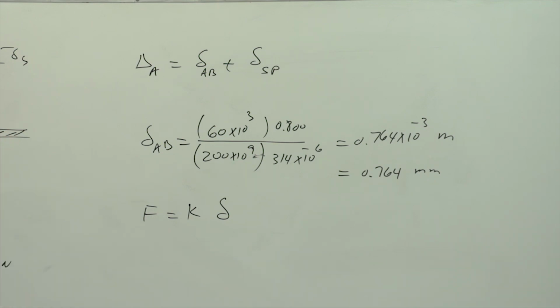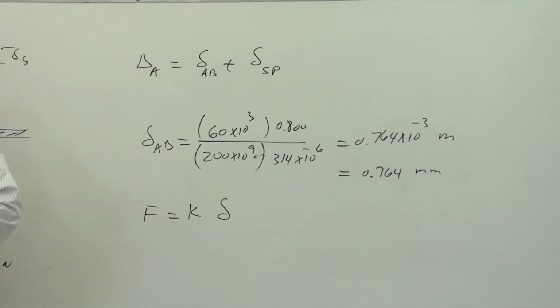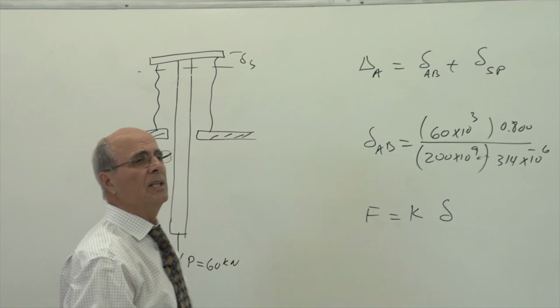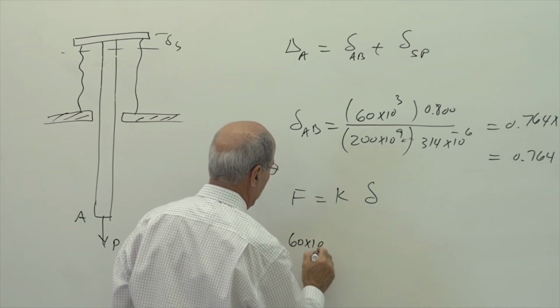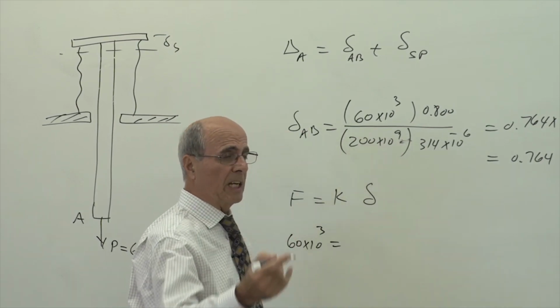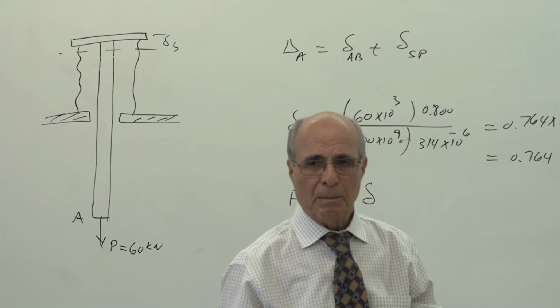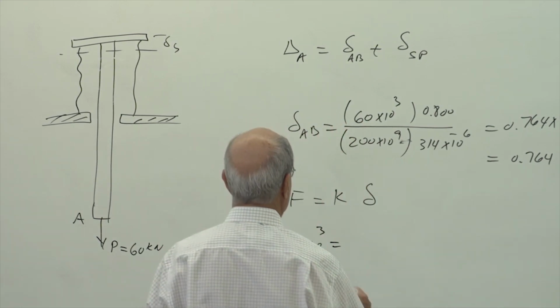That's the formula from physics classes. You already know that. So therefore, F is already given. The F applied here is the same amount of force, which is 60 kilonewton. So therefore, 60 times 10 to the power of 3 newton equals K. What's the K? The K is given 50 mega, yes or no? 50 times 10 to the power of 6.